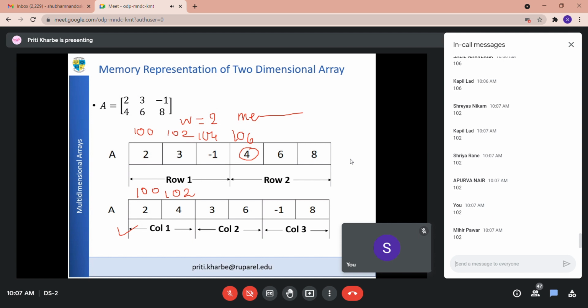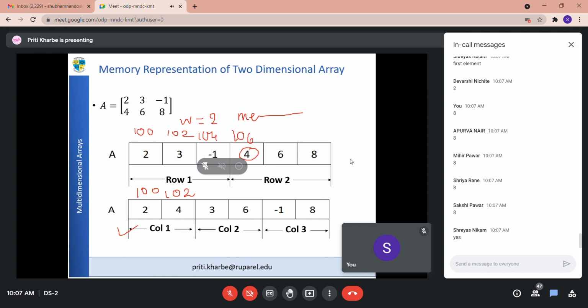Which element's address will remain the same in both the cases? Element 2, right answer. And one more element, the last element also, yes or no? So in both the cases, the first and last element's address will remain the same.